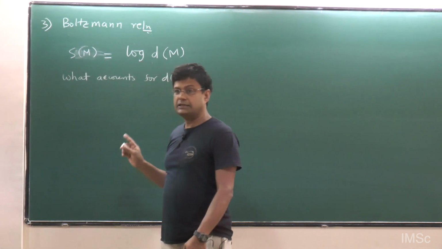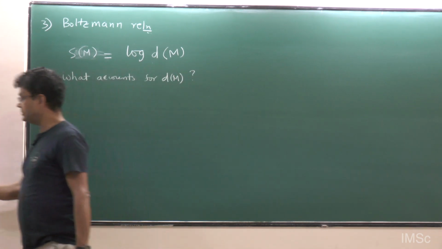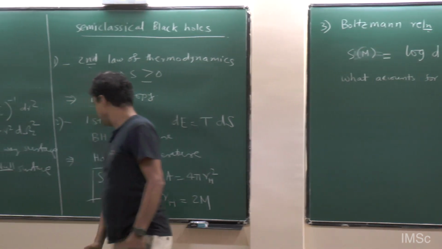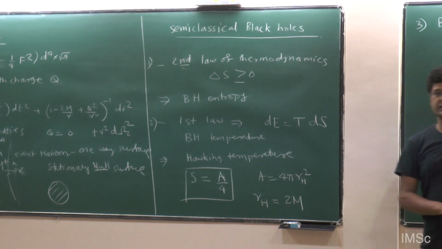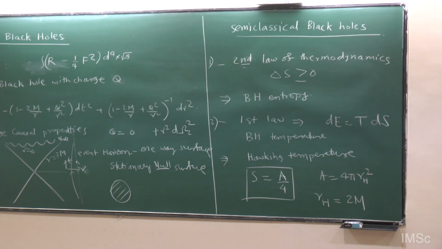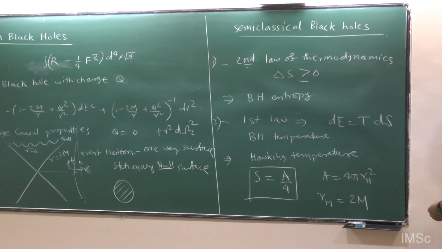So notice that this is a very beautiful and very important relation, and I don't think its implications have been fully exploited, because it also has led to the notion of holography, which I will come to.